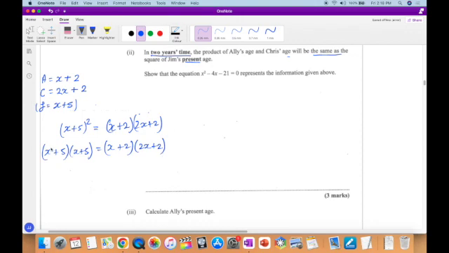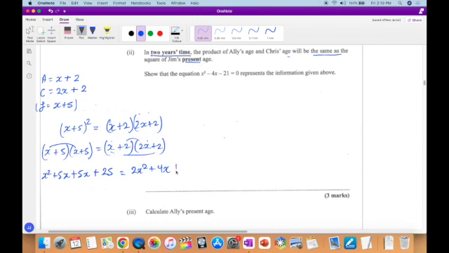And so now we can see, well, X times X is X squared, plus 5 times X is 5X, X times 5 is 5X, and 5 times 5 is 25. And that's equal to X times 2X is 2X squared. 2 2's are plus 4X.